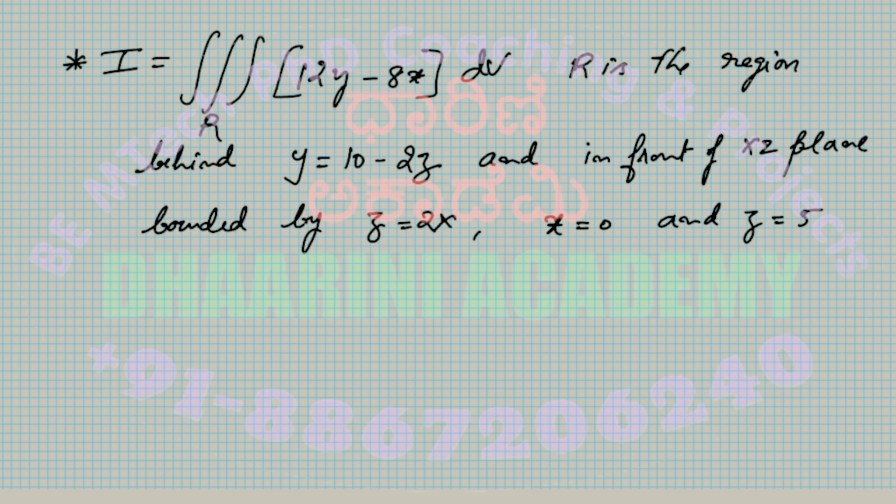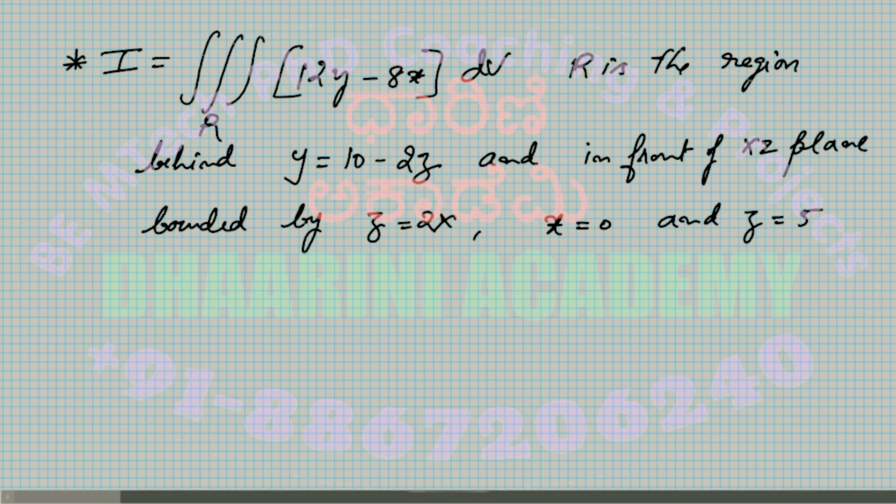So I have to have an xz plane as a reference. Whatever region I'm talking about is in front of the xz plane, because the xz plane is easier to understand. So let's try to draw that now.